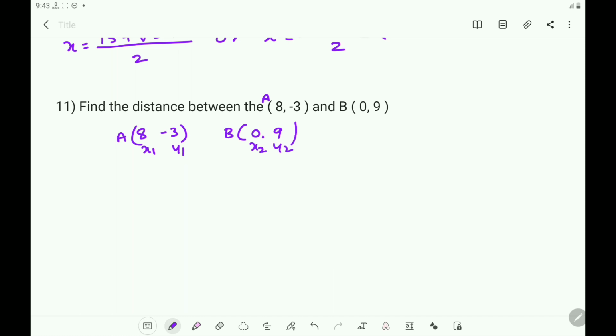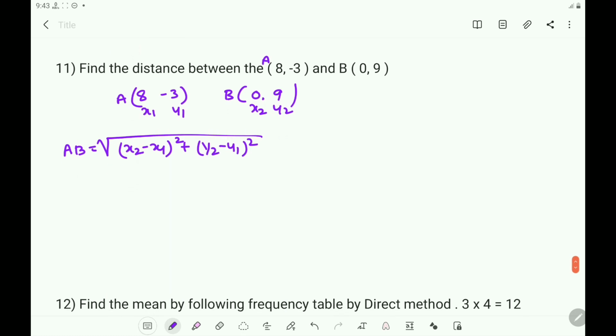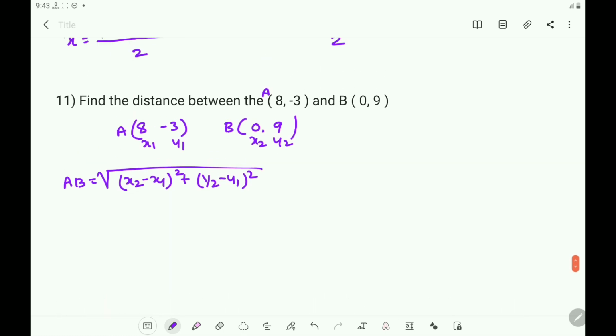Now you write the distance formula. Here A and B are the points. So you write AB equals whole root x2 minus x1 whole square plus y2 minus y1 whole square. You can also write x1 minus x2, y1 minus y2, but it must be under the root.